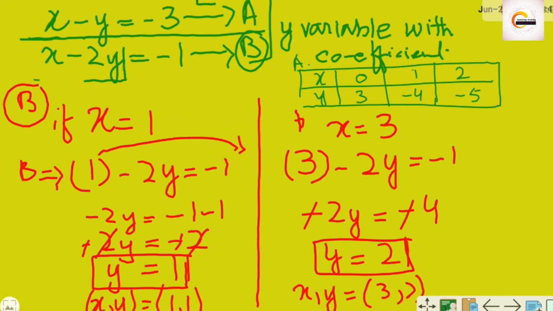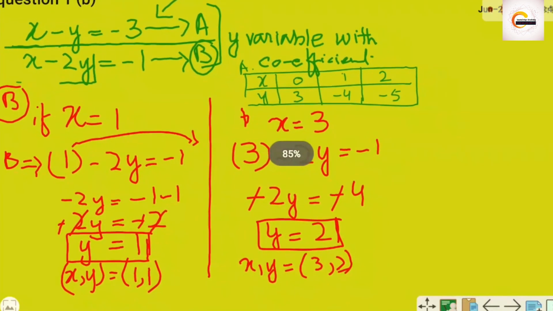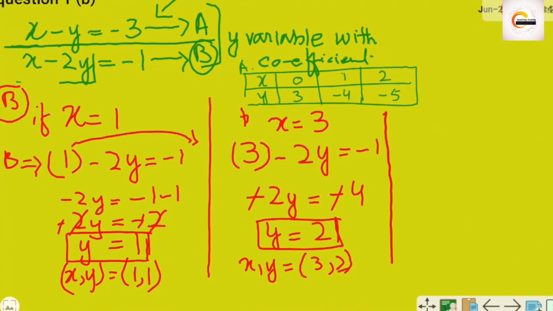Now, for the third point, if I select x is equal to 4, what will happen? 4 minus 2y is equal to minus 1. If 4 goes on the other side, it will become minus 5, and minus 5 is not divisible by our coefficient, that is 2. So this is wrong. I'm not going to select x is equal to 4.